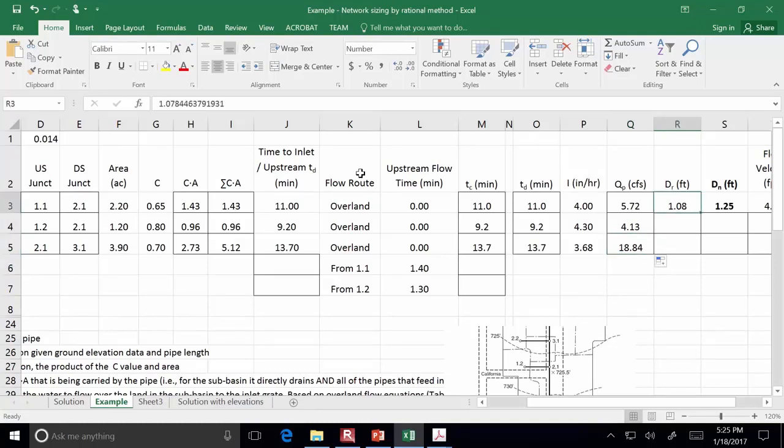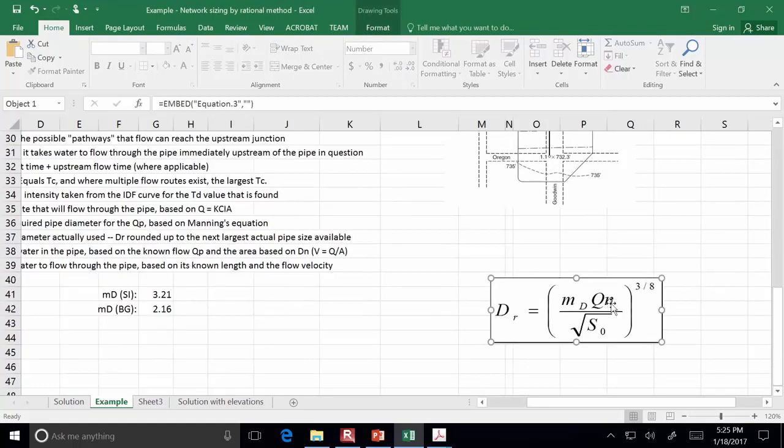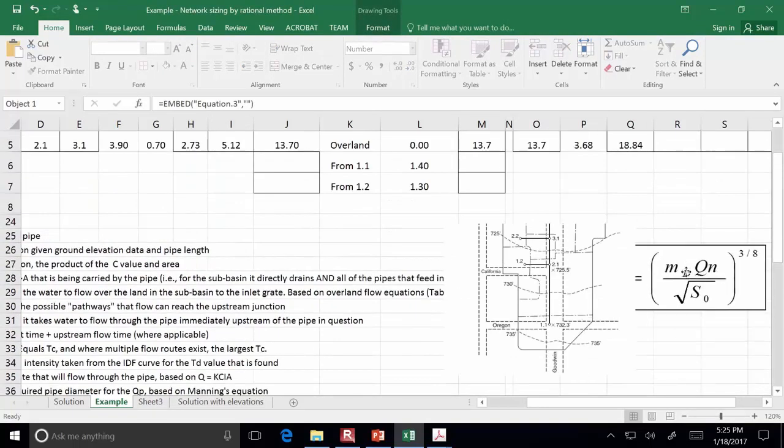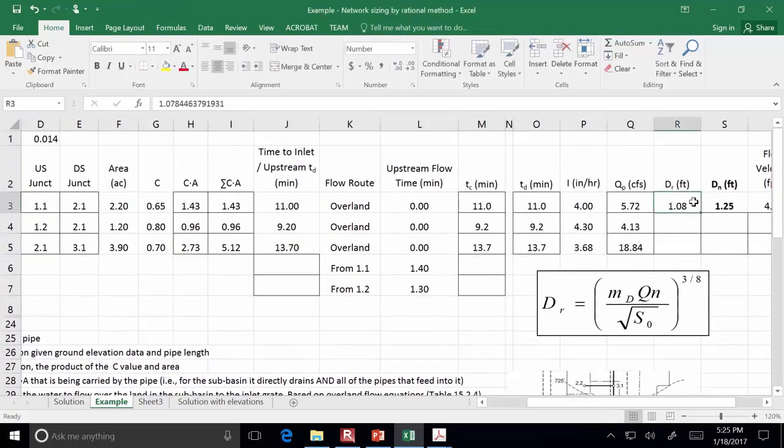Now, the diameter required, we're using this formula. This is Manning's equation rearranged. And so we have to type that in kind of carefully in Excel here. The formula for that is the MD that it says here, based on the units.